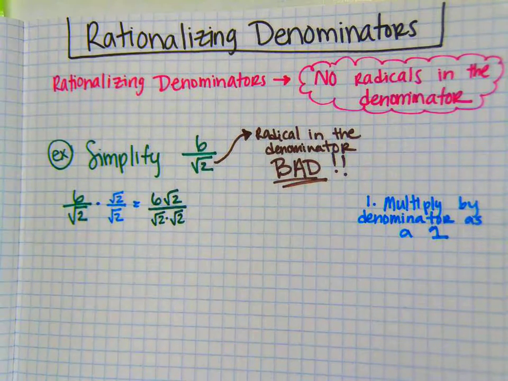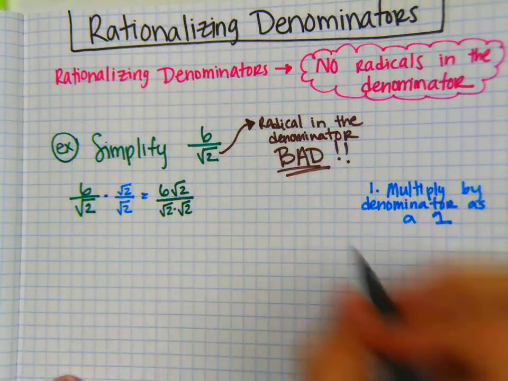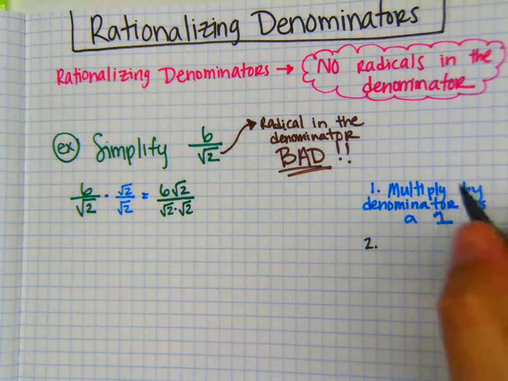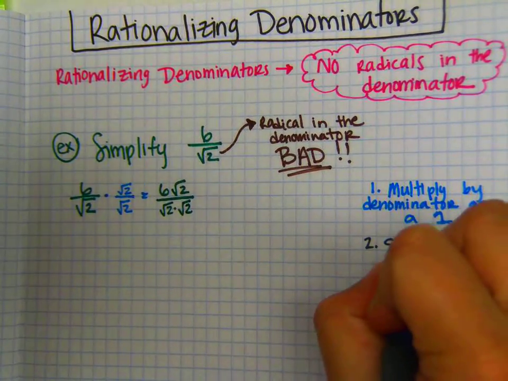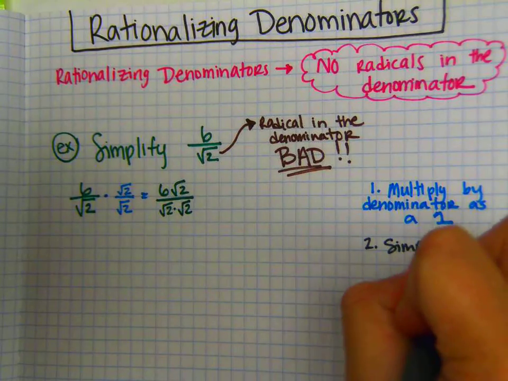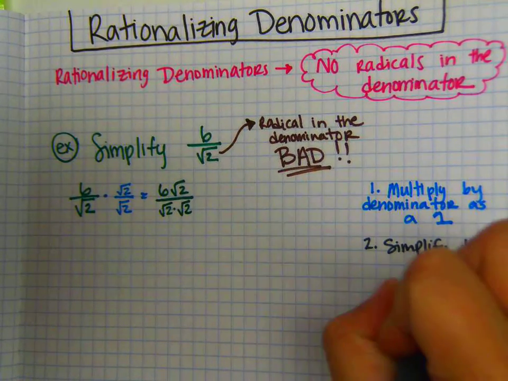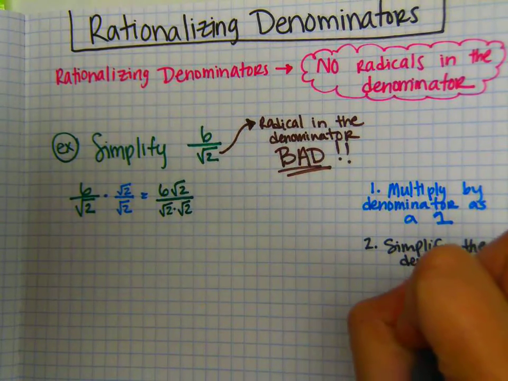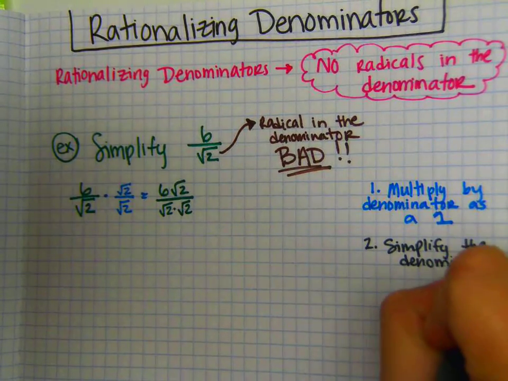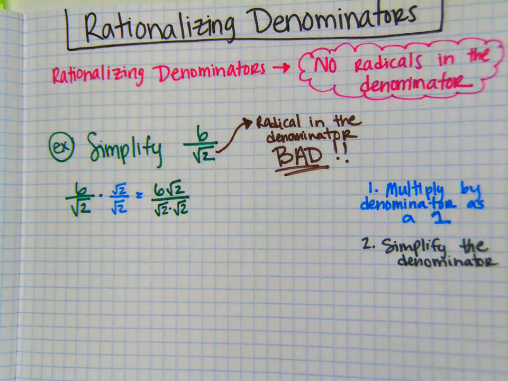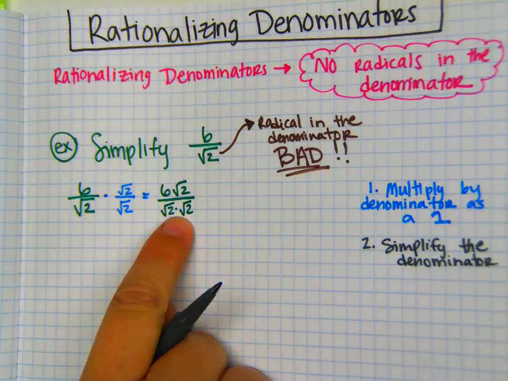The next thing we're going to do is simplify the denominator. Our denominator right now is root 2 times root 2.